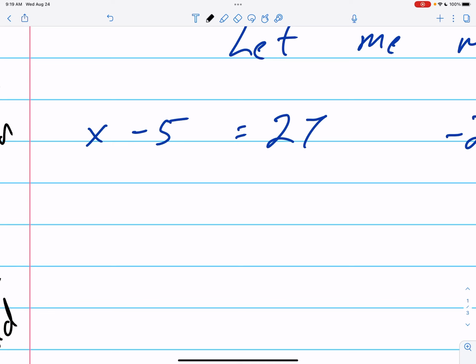So in this case right here, I have some unknown number, minus 5. Well, I don't want that minus 5 there. I want it to just be x equals a number. So what I'm going to do is undo this minus 5 part, or undo this adding of negative 5. And by doing that, I'm going to add a positive 5 to both sides.